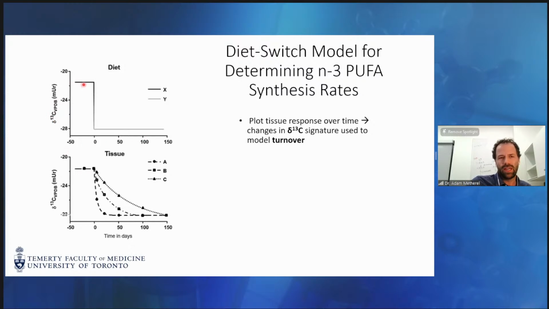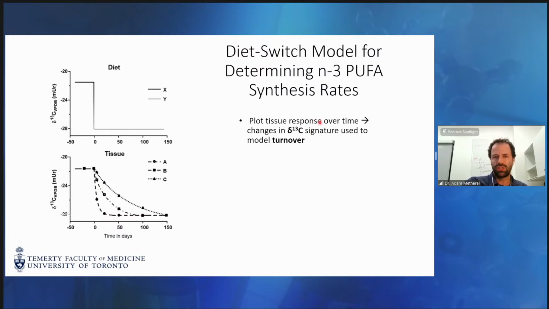We feed a diet of a particular C13 signature, and once they've normalized to that diet and signature, we switch them to another diet of a different signature. This can go either high signature to low, like this is showing, or the opposite, low to high. After that diet switch, we can track the change in the signature in a variety of tissues under a variety of conditions over time.